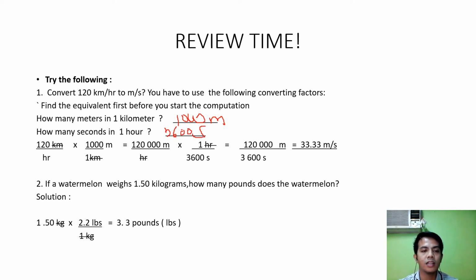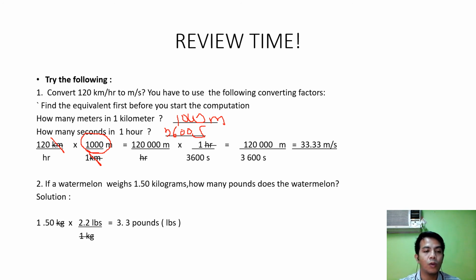Okay, so 120 kilometers per hour. So we need to write here the 1 kilometer to cancel out the kilometer. So how many meters are in 1 kilometer? So there are 1,000, so 1,000 as numerator.